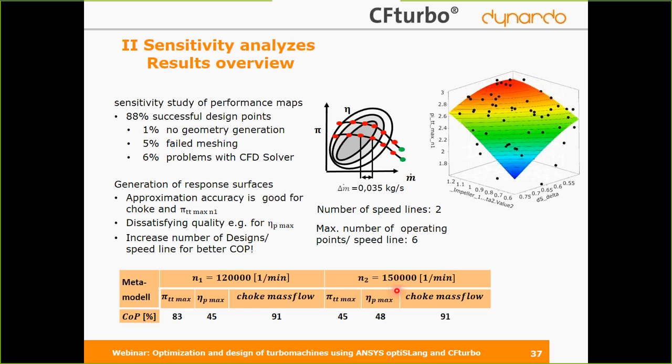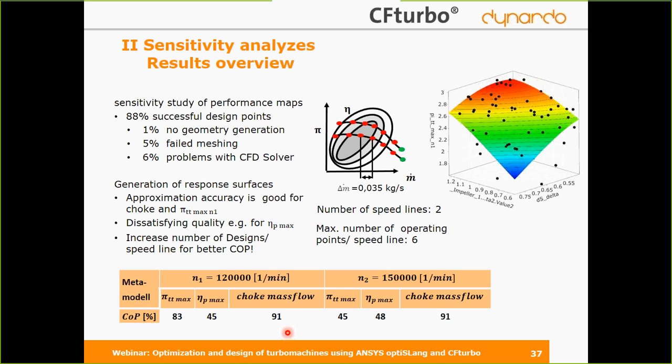In this case, 6 response surfaces have been set up in a total completely automated workflow for 2 speed lines, first speed line and the second speed line, and it has been evaluated maximum pressure ratio, maximum efficiency, and the choke mass flow.